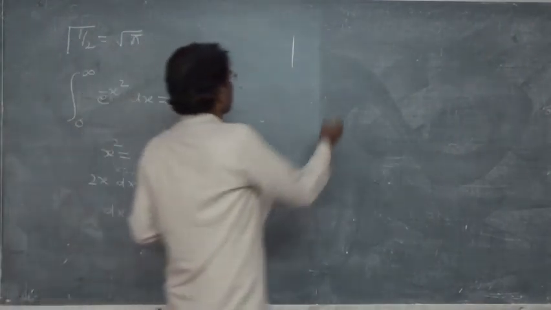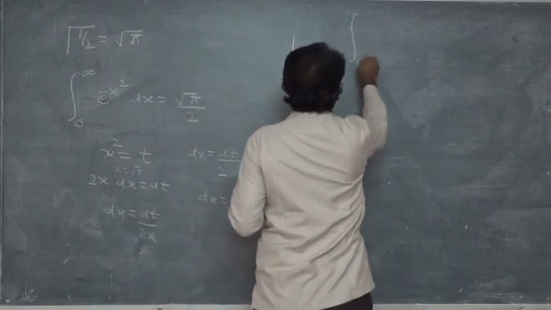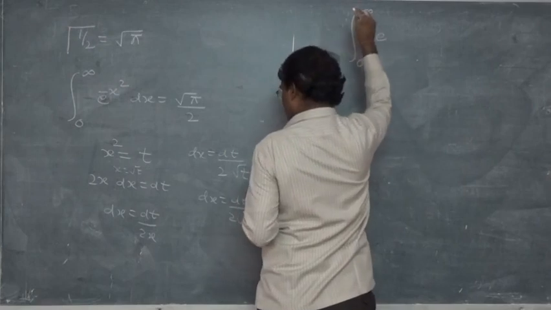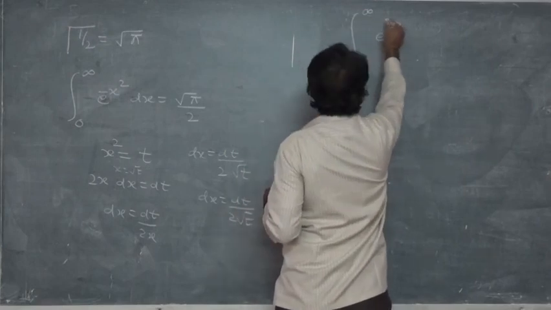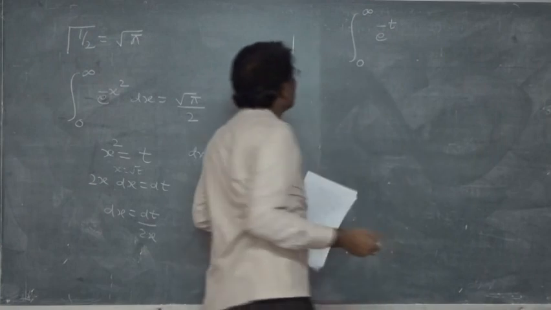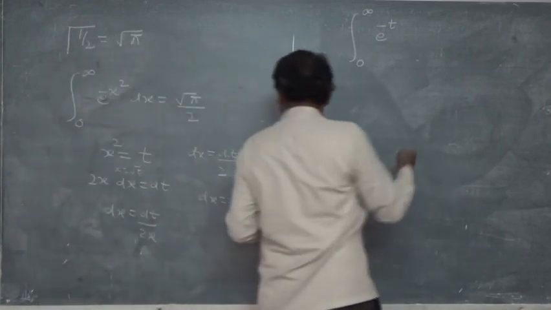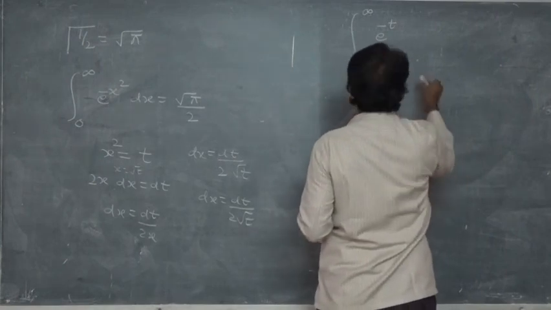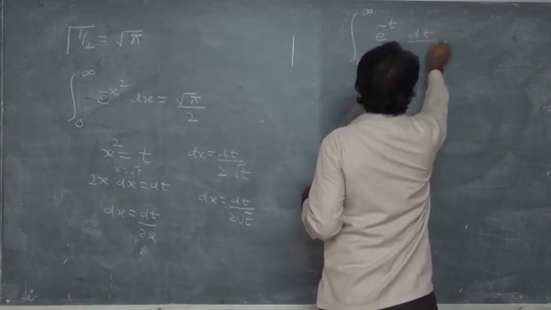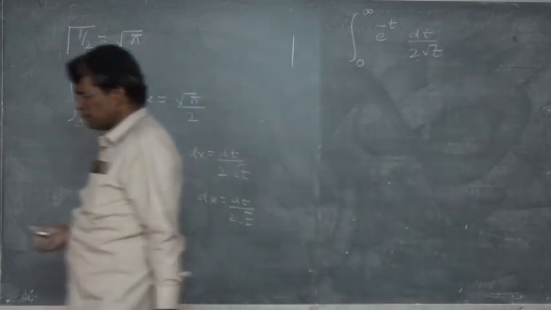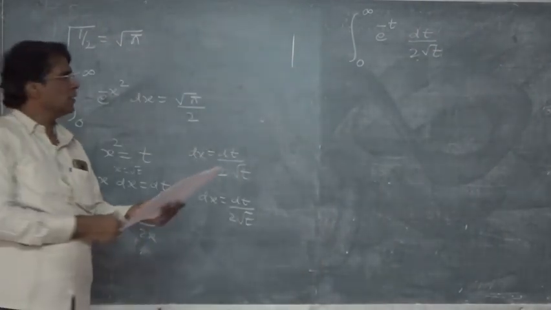So now the given formula becomes 0 to infinity, e raised to minus x square means e raised to minus t, and dx is equal to dt by 2 root t.